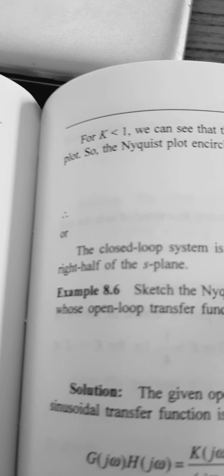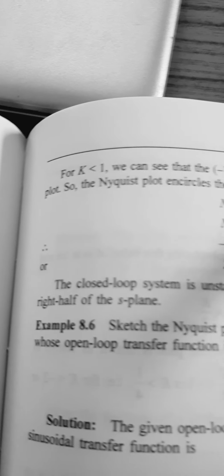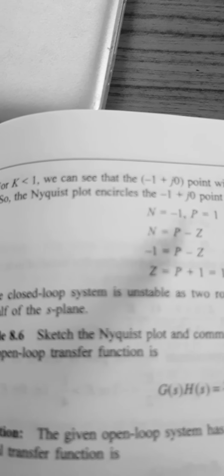So k will be here and this will be here, like that. K will lie beyond the point. So the Nyquist plot encircles the minus 1 plus j0 point once in the clockwise direction.